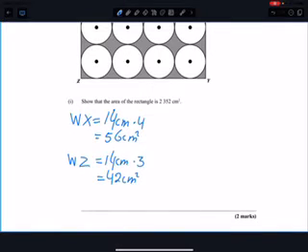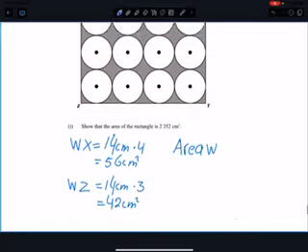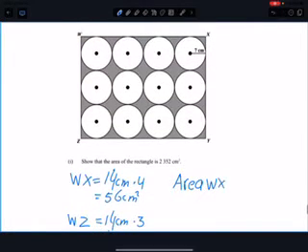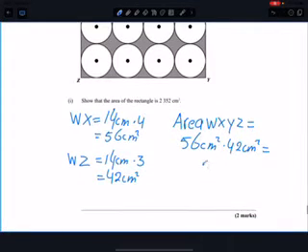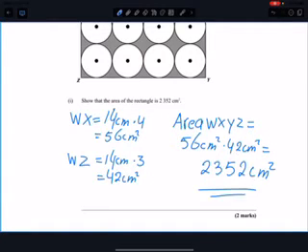And then the area of WXYZ equals 56 centimeters multiplied by 42 centimeters, and that answer, if done correctly, gives 2352.